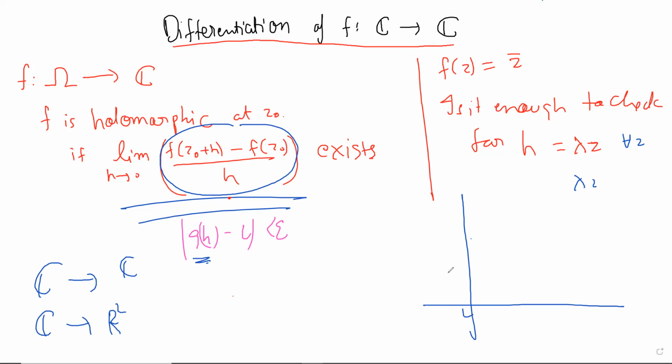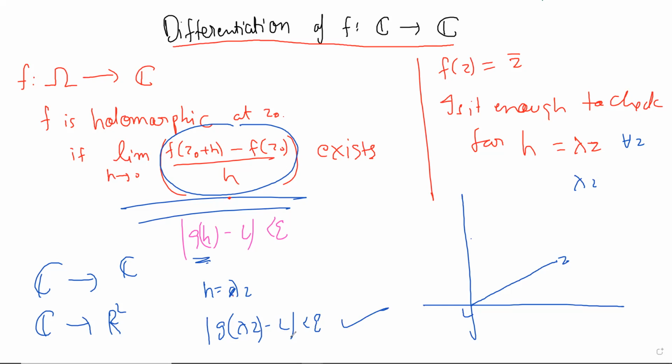Now, we are given that along any line, if you fix z and take a line, which means that if h is of the form lambda z, and you let lambda go to zero, then this thing works. This is given. So for any z this happens.